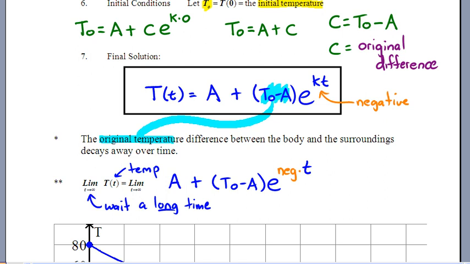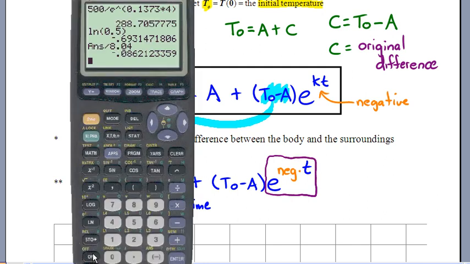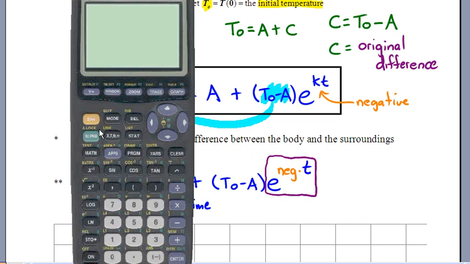Well, if you look just at this part right here, this e to some negative number multiplied by t, I can even do this on my calculator. If I take e and then I have some negative number here, even if it's small, like -0.03, and then I start multiplying by time, going across sideways.